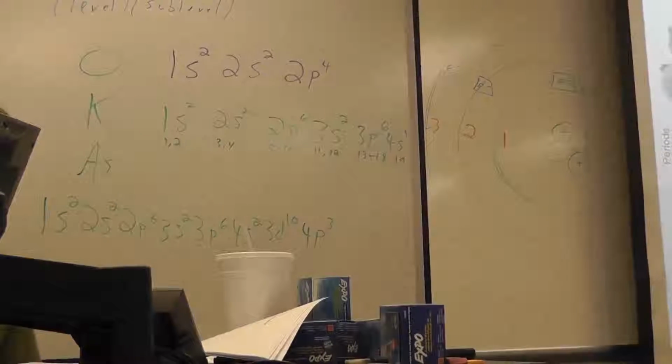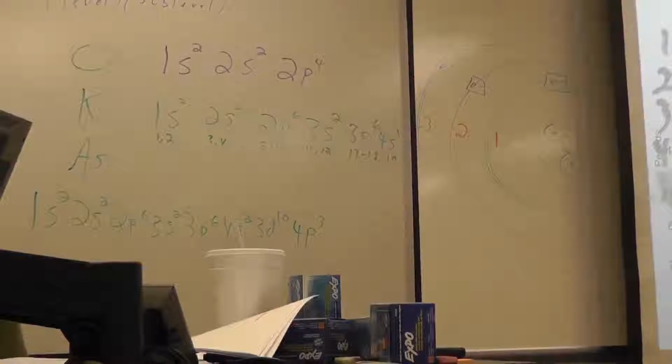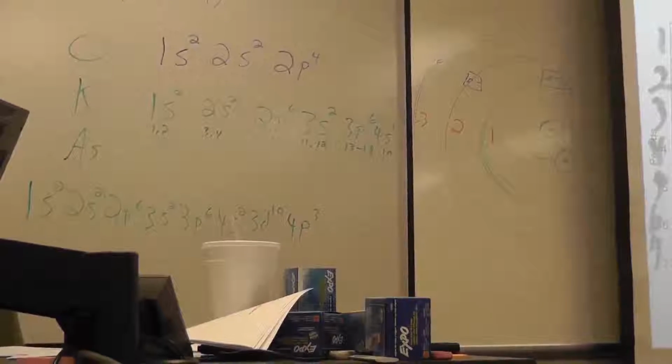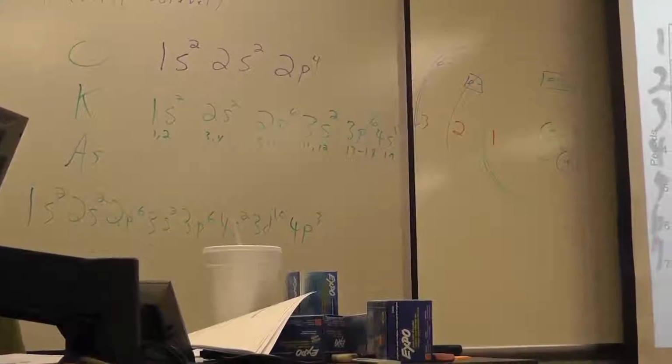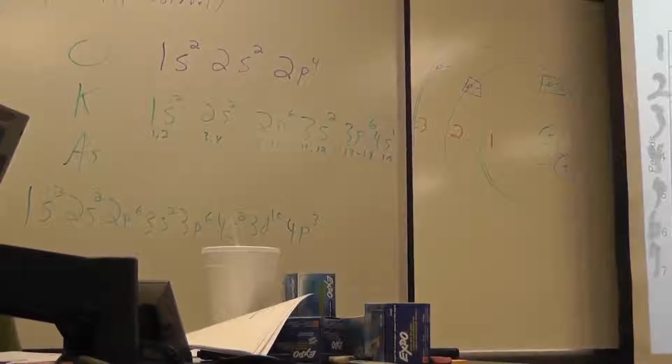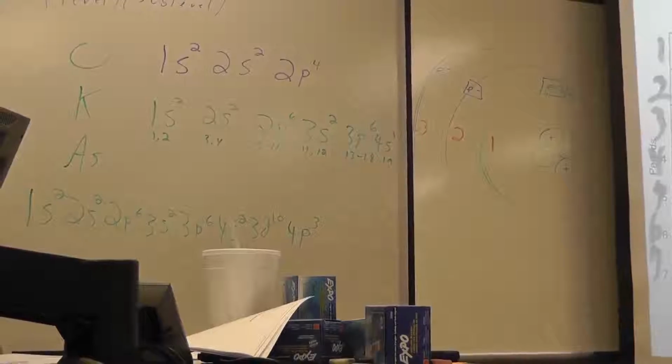S block starts at level 1 and works its way to higher numbers. P block starts at level 2 and works its way to higher numbers, etc. That's the pattern.